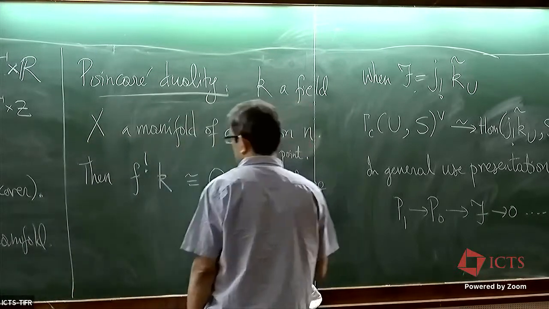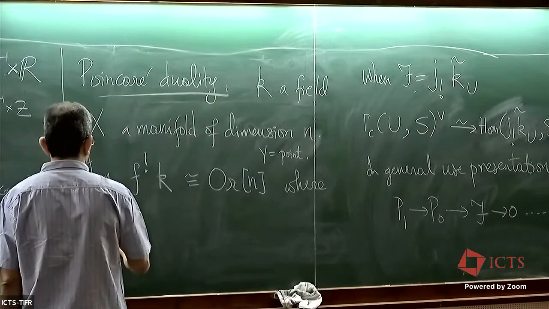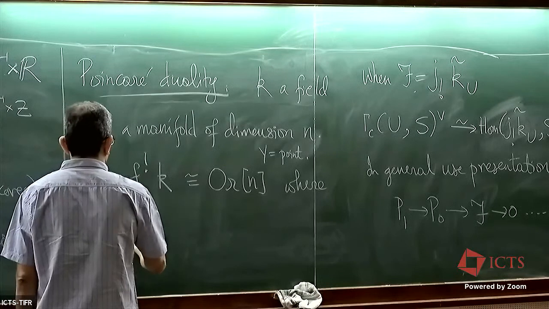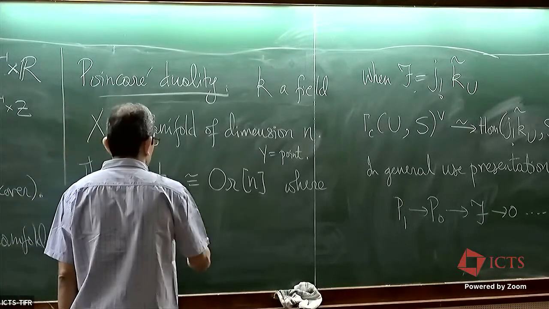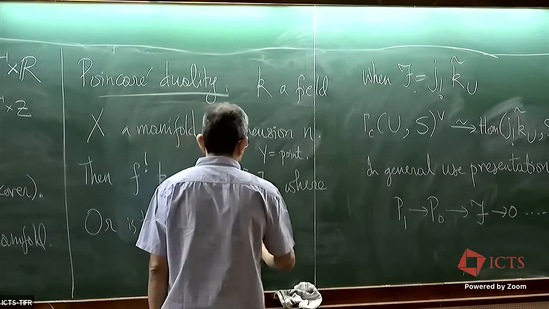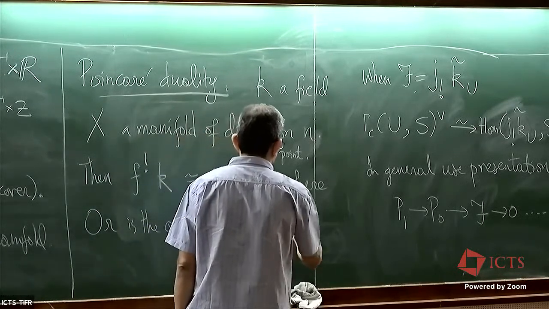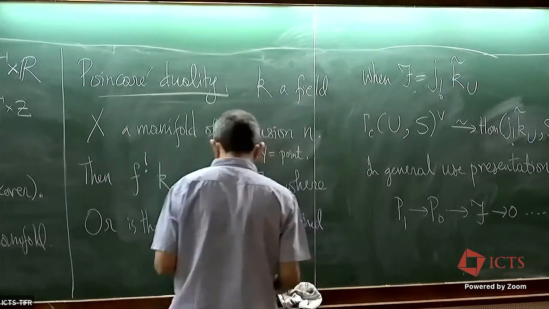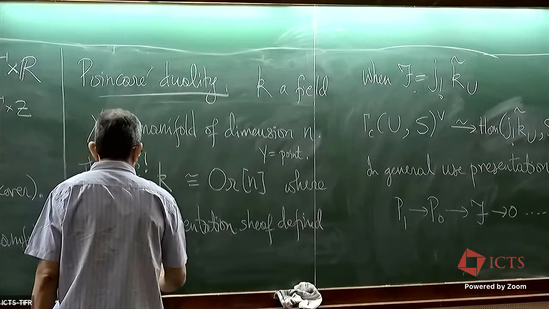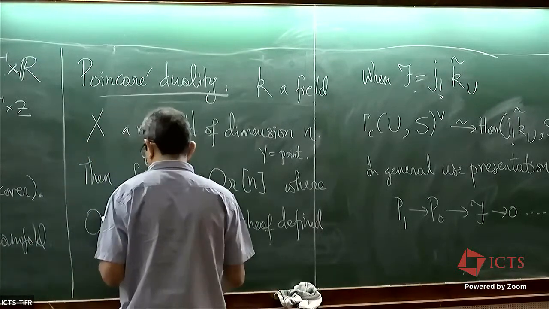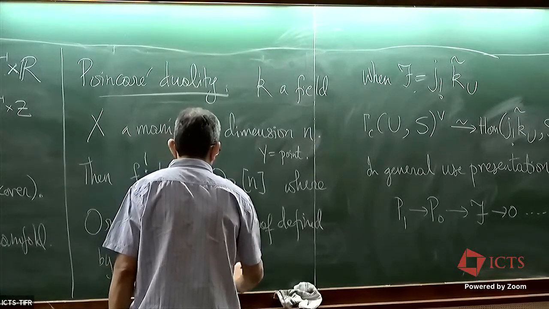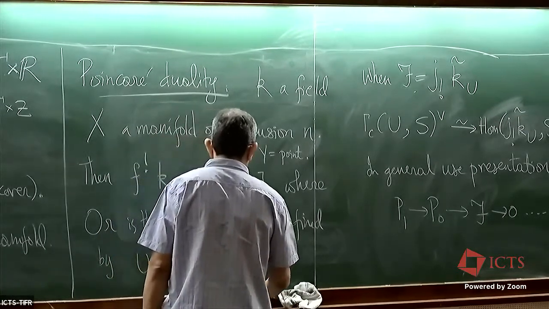where OR, sorry, is the orientation sheaf. In this context, defined by sending U to H^n with compact support of U, K tilde.